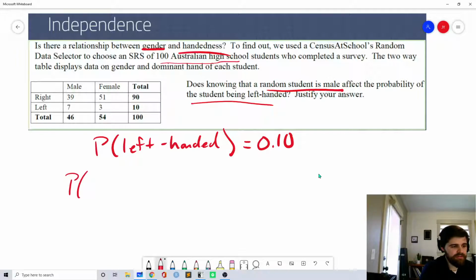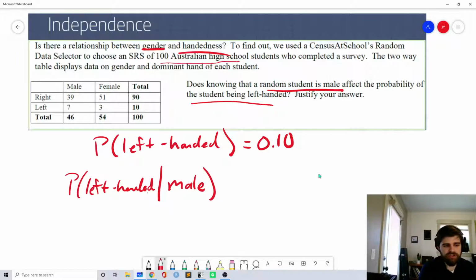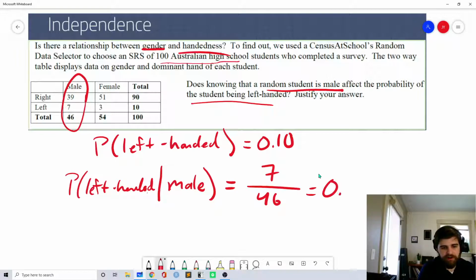All right, well, what's the probability of being left-handed, given that you're male? So if we know the random student chosen is male, what's the probability they're left-handed? We're only going to look at the males for this question. We only care about those. So out of those 46, 7 of them were left-handed, which gives us a probability of about 0.15.